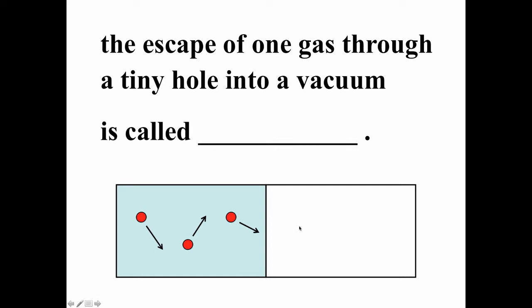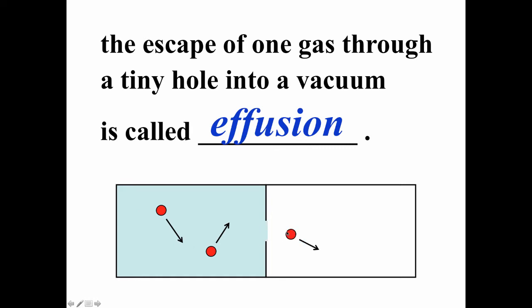The escape of a gas through a tiny hole into a vacuum is called effusion, not diffusion. And what happens is when we make that opening, the gas molecules effuse through, and they'll do that until the pressure throughout is the same.